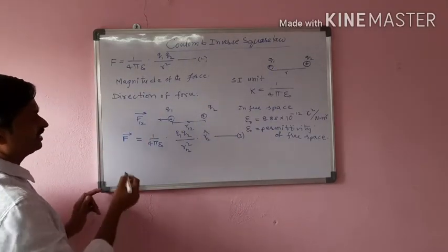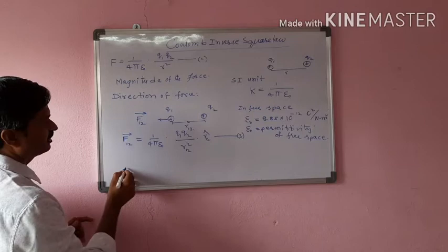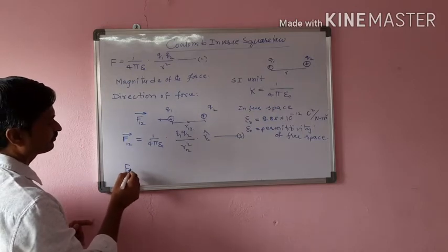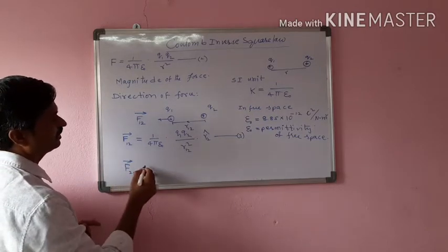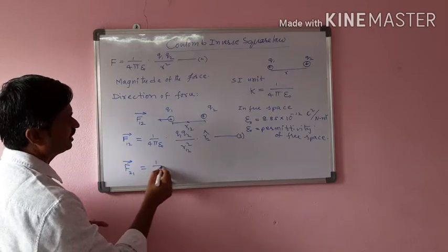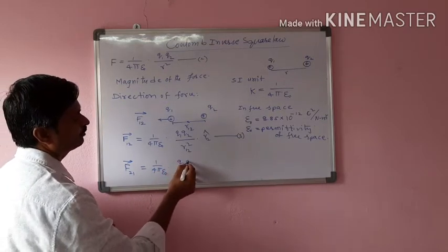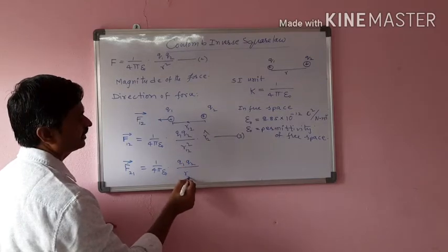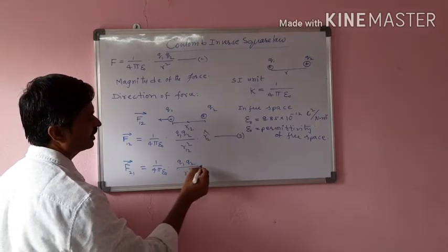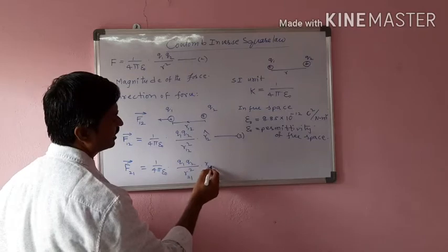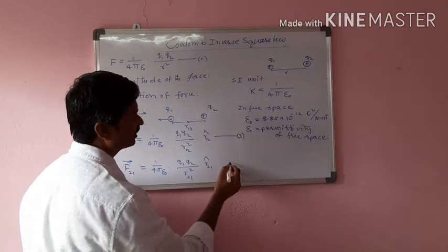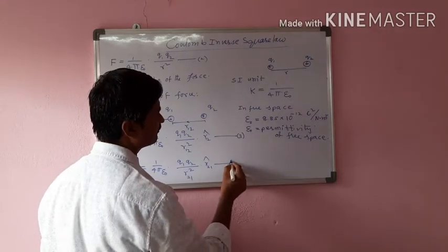And similarly, we also write F21. For F21, we write 1 by 4 pi epsilon naught into Q1 Q2 divided by R21 square towards the direction R21. This is equation 4.